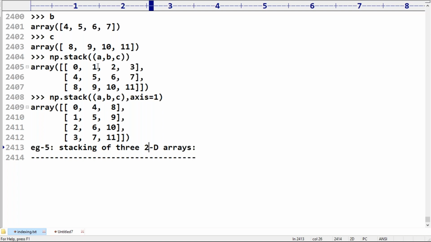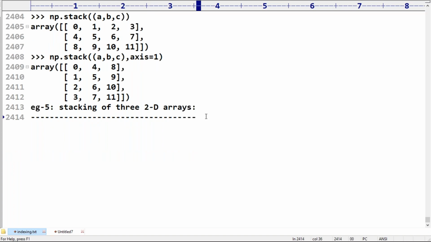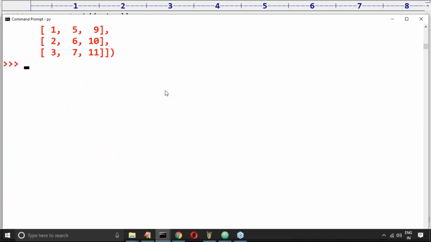By interchanging the shape, I don't think it is going to work for all cases, Ashish. We have to analyze. For stacking, I am going to take 2 by 2 arrays. A is equal to np.arange reshaped to 2 by 2.